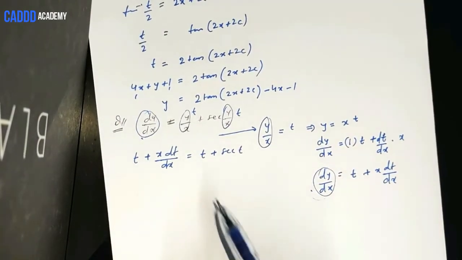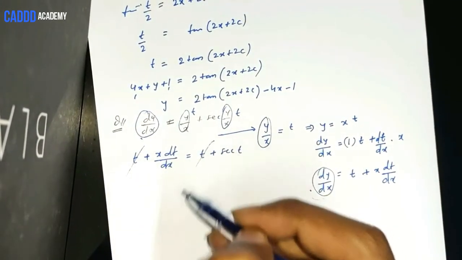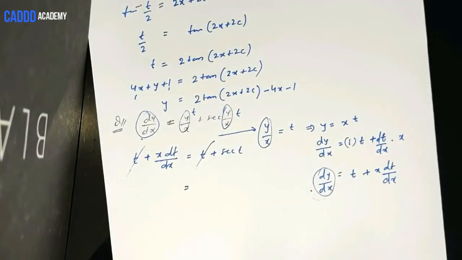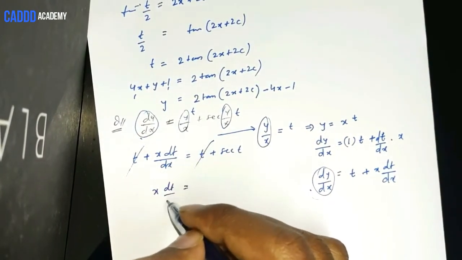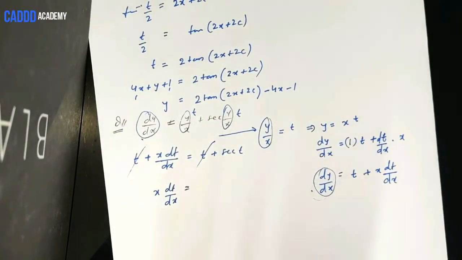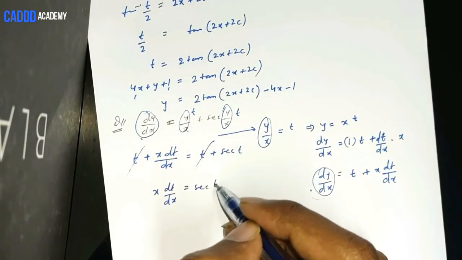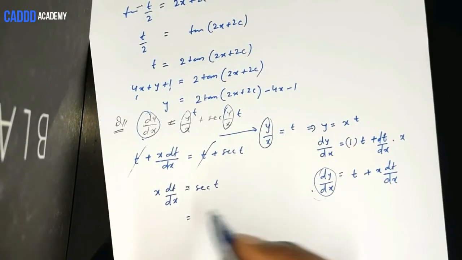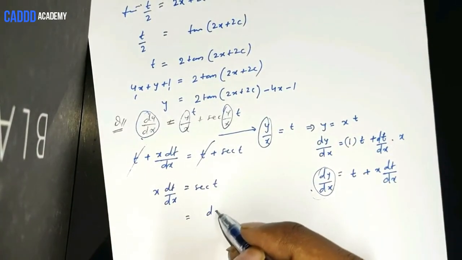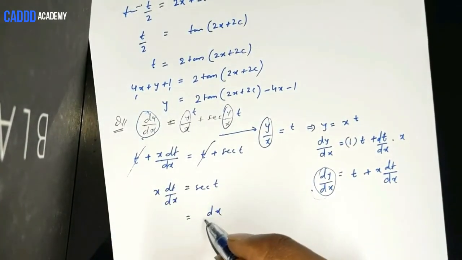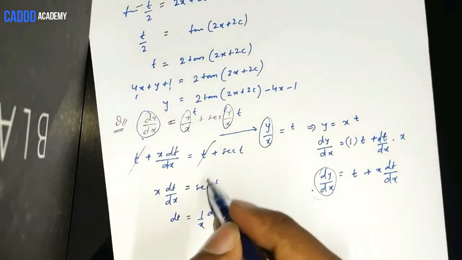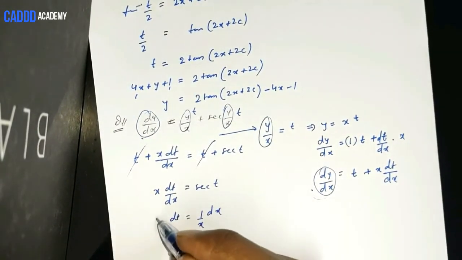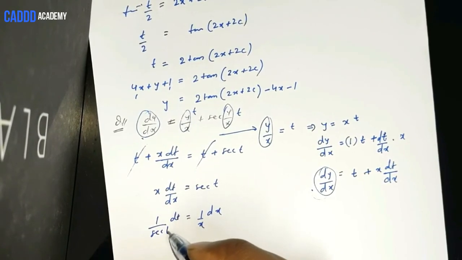Now the rest of the thing is like we did before, t gets cancelled and we have x dt by dx is equal to sec t. We will take dx this side and x this side, and dt here we will take sec t this side, which will be sec t.